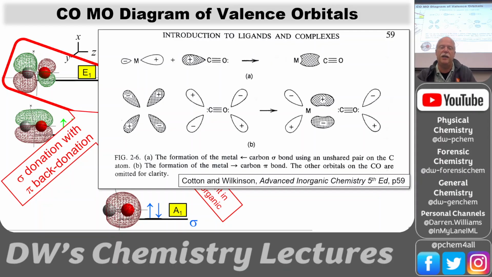This is a page out of the inorganic Bible. Okay, and this is a strong way for these molecules to interact, and this is how they draw it. It's a simplified version of that sigma bond, where we've got this electron in this bonding orbital, and it's coming in phase with this metal cation or metal atom, and it's bonding here.